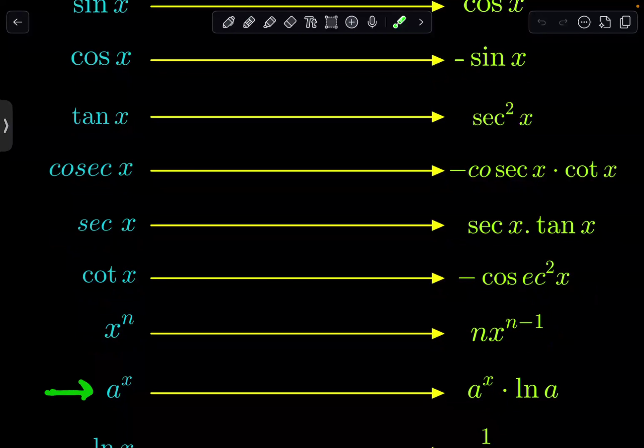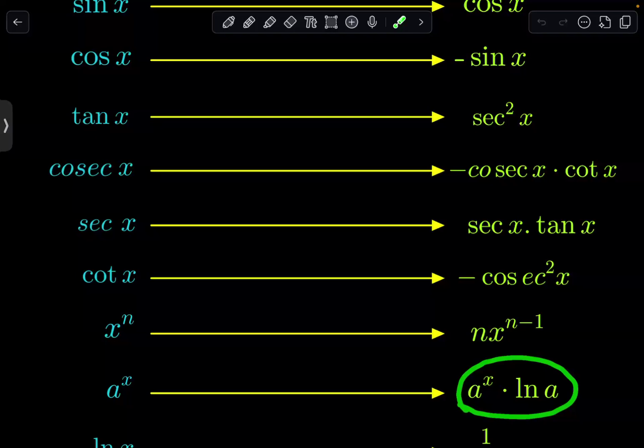The next reference is a to the power x, the exponential reference, and in that case the derivative will be a to the power x into natural log of a. ln stands for log with respect to base Euler number e, so this is called natural log, also represented as ln.